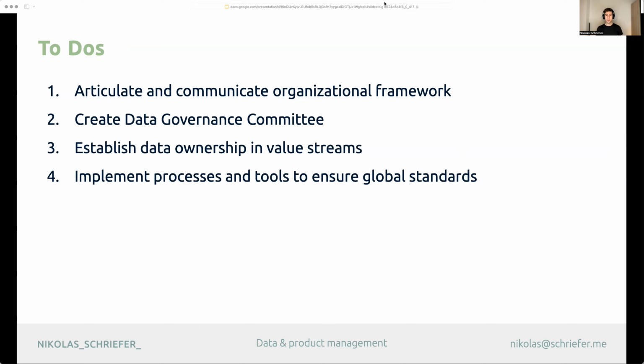We also picked some champions, advocates or ambassadors, to roll this out across the organization, who we had already spoken to a little bit before. Then from that task force, we created something that we called the Data Governance Committee, because we didn't want a fixed team in charge of creating global standards and making sure that they can be enforced throughout the organization. We wanted a flexible group with some steady members, but also some that would rotate over time.